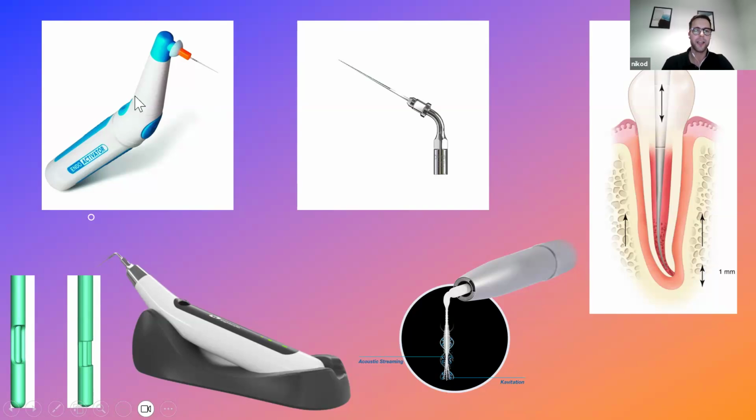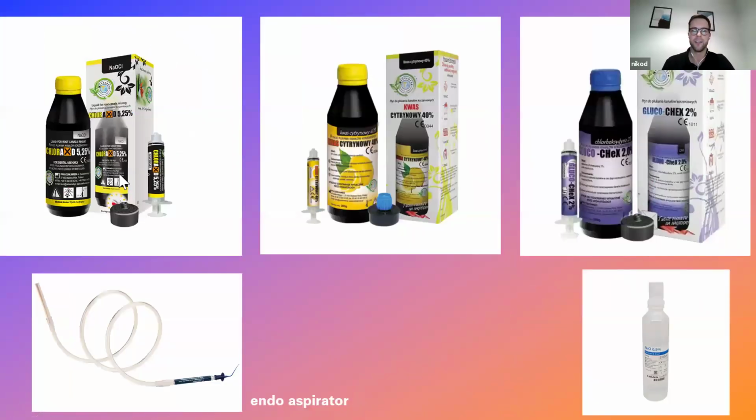I'm using EndoActivator, manual dynamic activation using gutta percha, EDDY, passive ultrasonic irrigation, and also EndoChuck with a spreader that you can use with your scaling tip. I'm using standard fluids for my root canal.